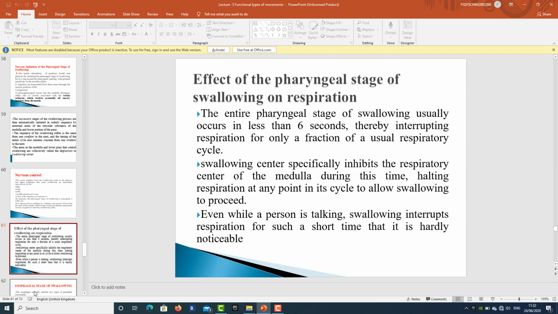The swallowing center specifically inhibits the respiratory center of the medulla during this time, halting respiration at any point in its cycle to allow swallowing to proceed. Even while a person is talking, swallowing interrupts respiration for such a short time that it is hardly noticeable.